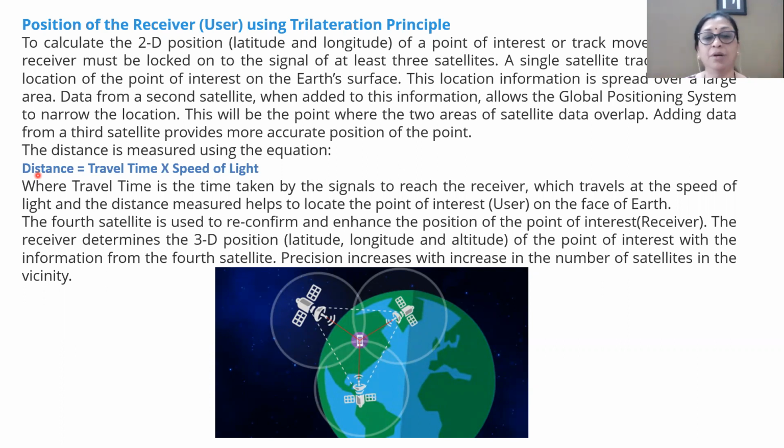And as a number of satellites are involved here, and atomic clocks are used on satellites, which are very, very accurate, the precision and accuracy of measurement of this time increases. So the number of satellites and the use of atomic clocks will increase accuracy and precision in measurement of the location in this particular type of system.